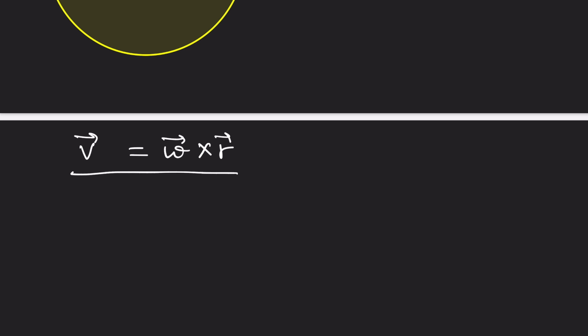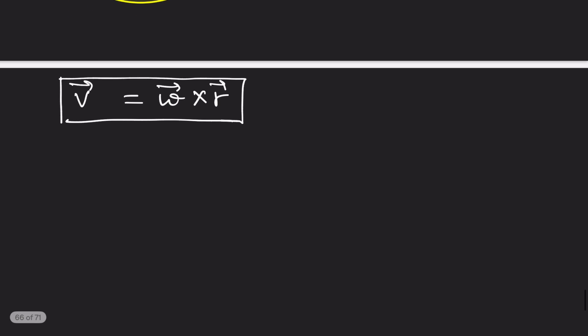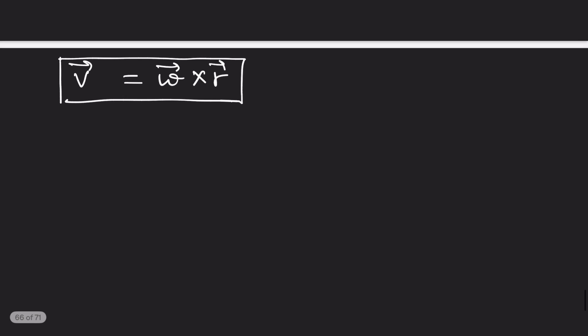We have developed one relation, if you remember: v is equal to omega cross r. Just before this we developed this relation. Now I am going to analyze this for uniform circular motion.